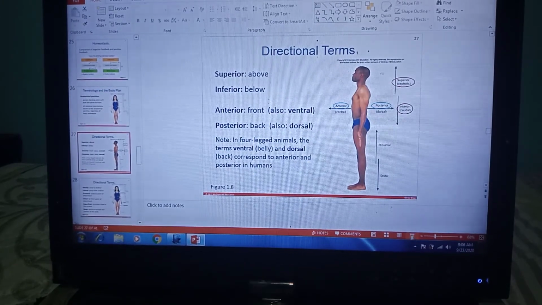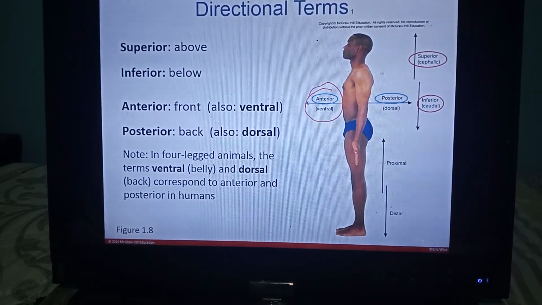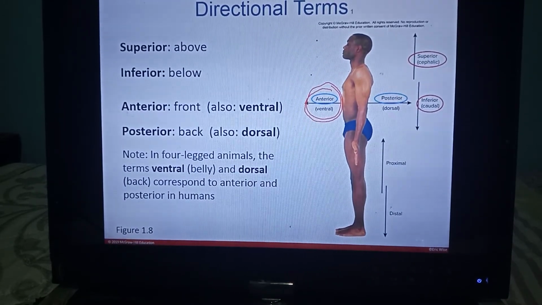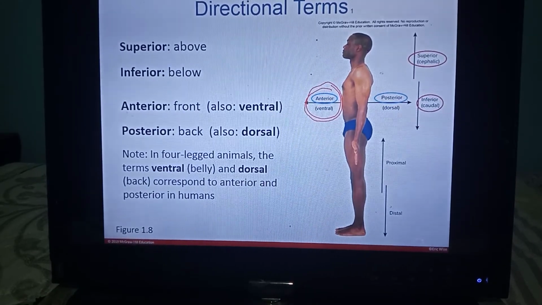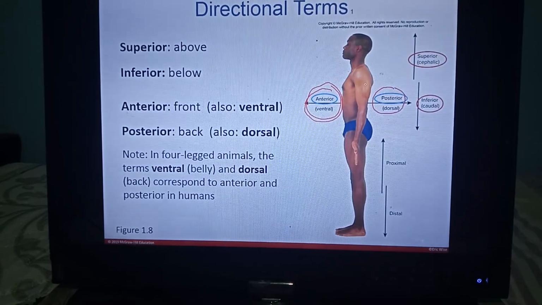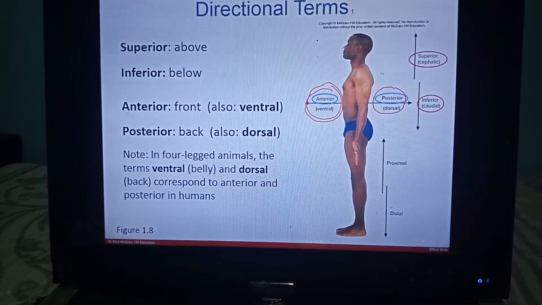This is the anterior part, yung harap, ventral. Posterior, back of the body, other term dorsal, likod. Yan yung tinatawag natin na anterior and posterior.